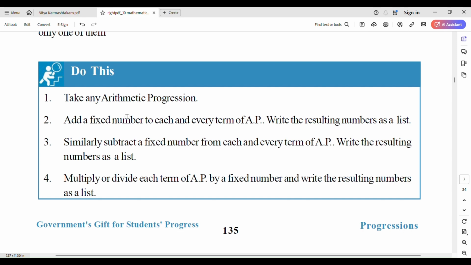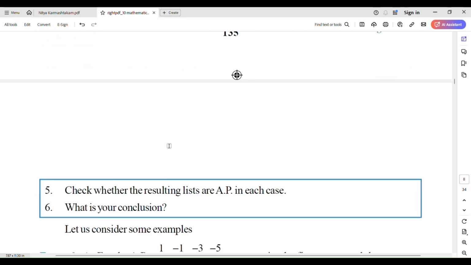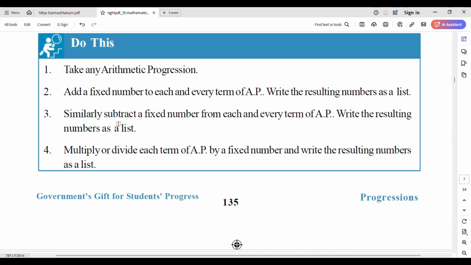Now do this experiment, it's actually very interesting. Take any arithmetic progression and add a fixed number to each and every term of the AP. Write the resulting numbers. Let's start with all natural numbers: 1, 2, 3, 4, 5, 6, and so on.